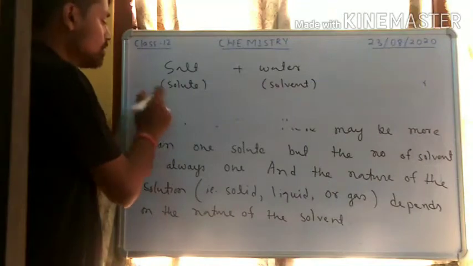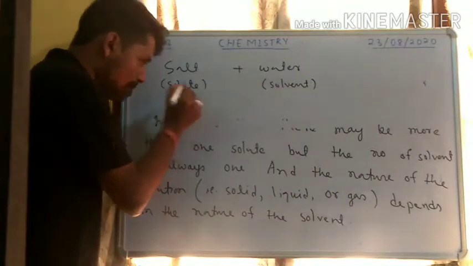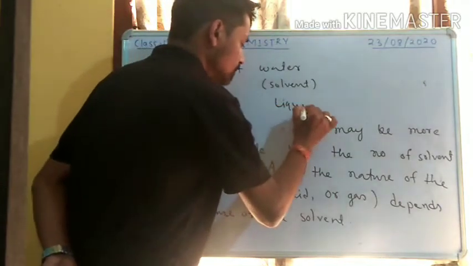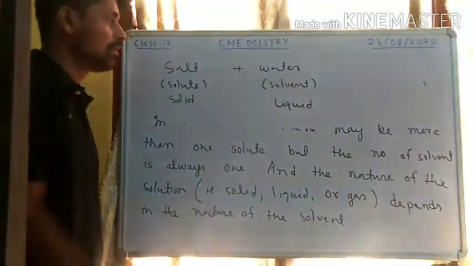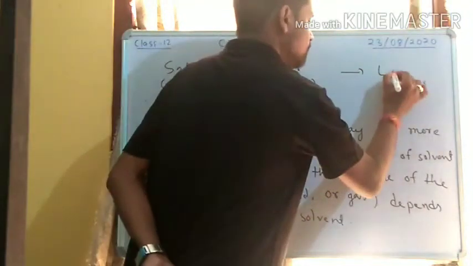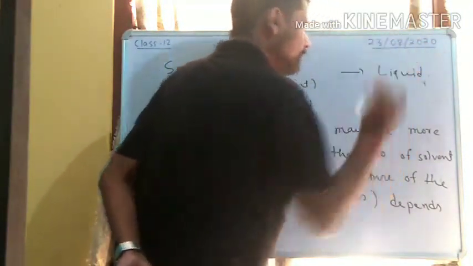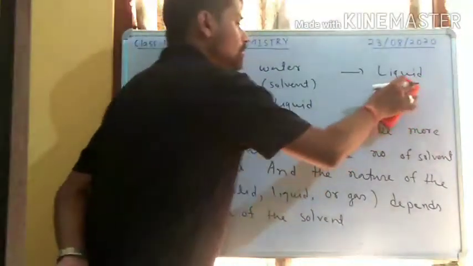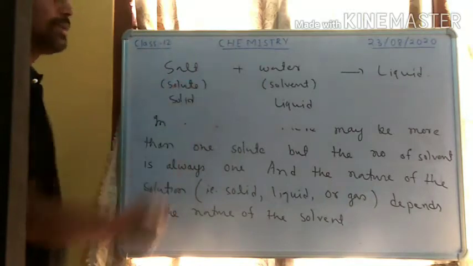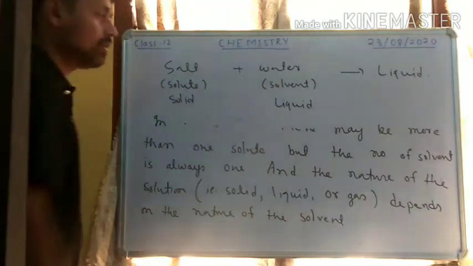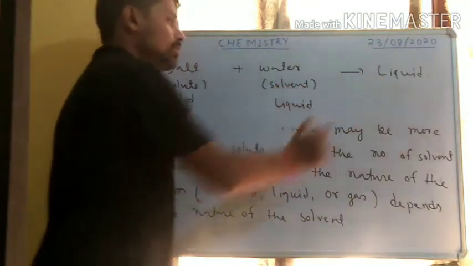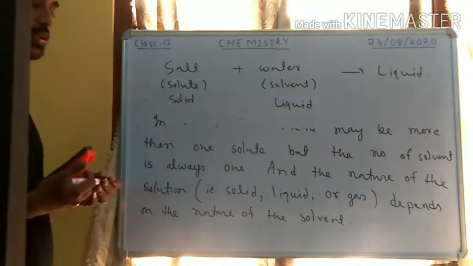The salt is solid in nature, whereas the solvent is liquid in nature, and the resultant solution is a liquid. So the nature of the solution depends on the nature of the solvent. The solvent is liquid, so the solution is also a liquid.